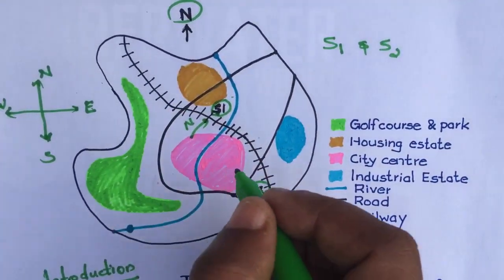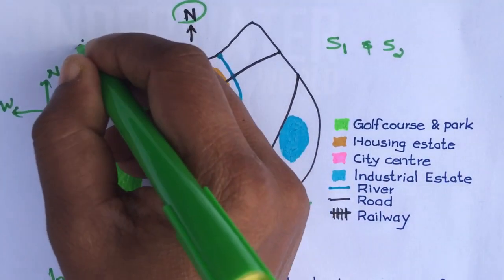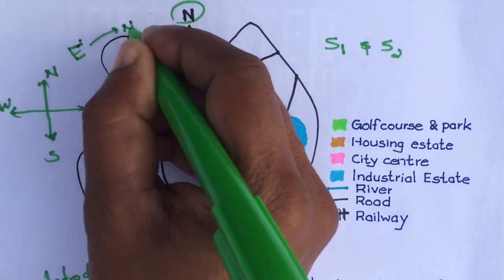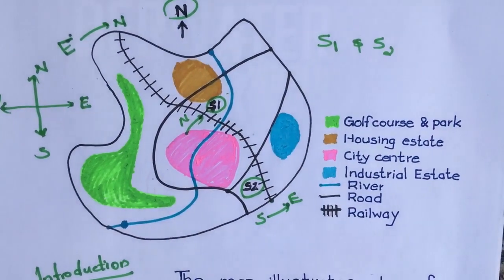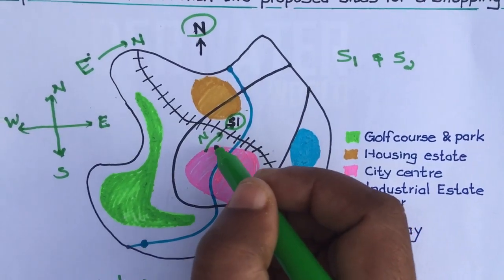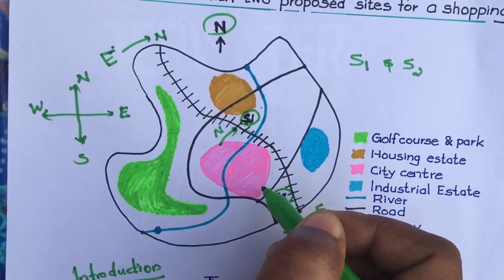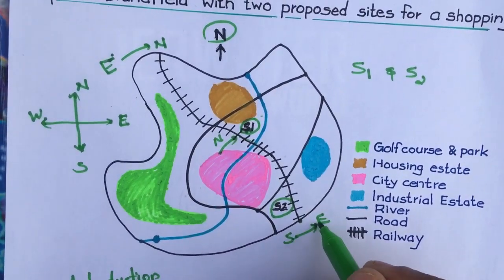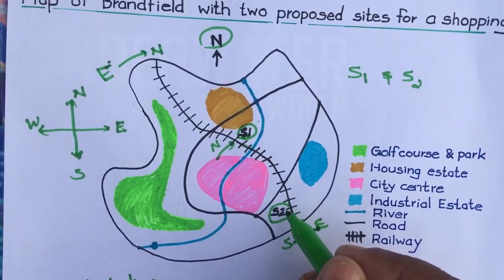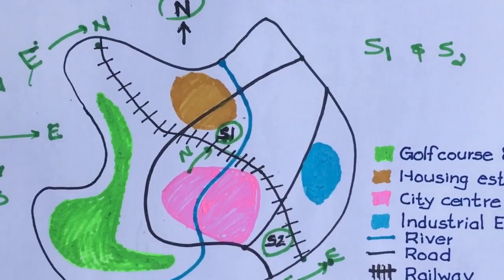Here the railway is moving, this is west and this is north. So S1 is just north of the city center, just above the railway line which runs from southeast to northwest. You got it?